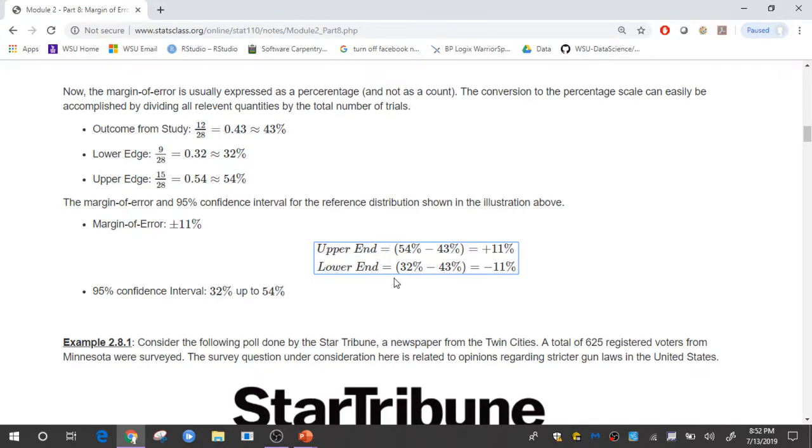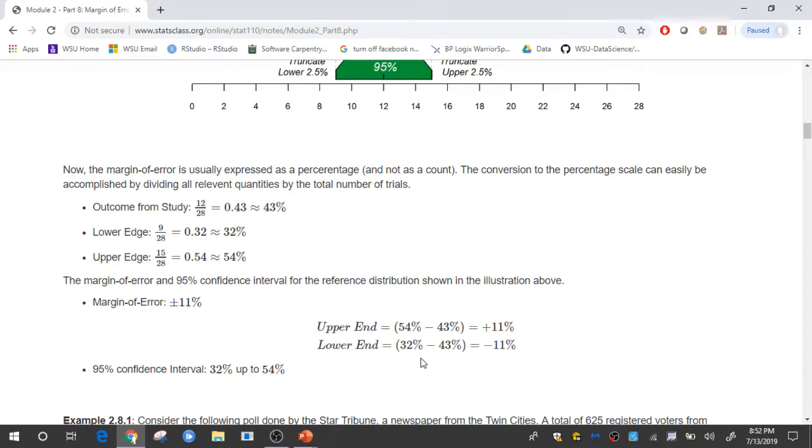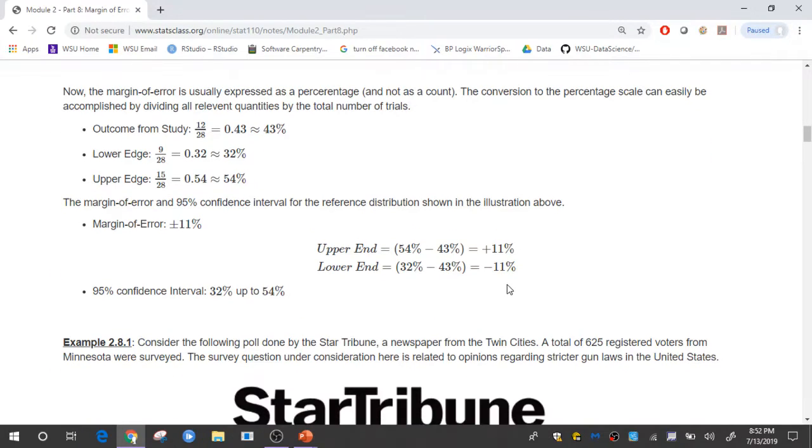And then the lower end is simply going to be the lower endpoint expressed as a percent. So that lower edge expressed as a percent is 32%, and the outcome from the study, again, is 43. So I just take 32 minus that 43, and I would get negative 11%. So again, these almost always go together, or we would express that as plus or minus 11% for this illustration that I have.